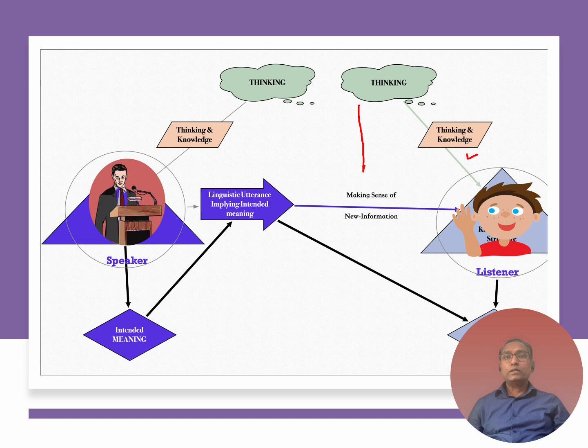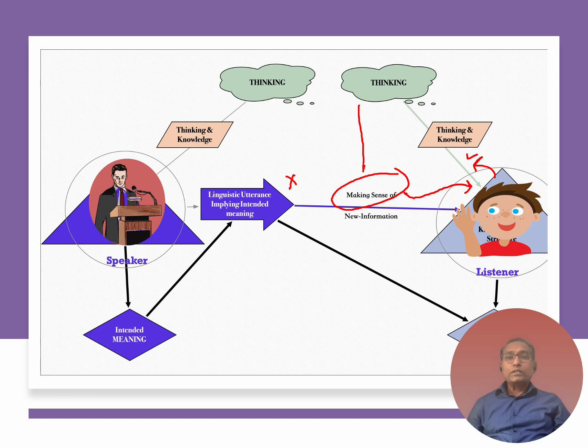Thinking is a process of making sense of new information by using your existing knowledge, right? In doing so, making sense of this new information will internalize this new information, changing the structure of your knowledge.